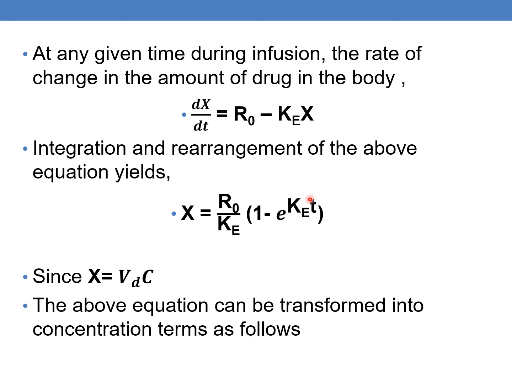And we know that the amount of the drug in the body is equal to volume of distribution times C, where C is the plasma concentration of the drug. So X = Vd × C. The equation X = R0/Ke (1 - e^(-Ket)) can be transformed into concentration terms based on this relationship.